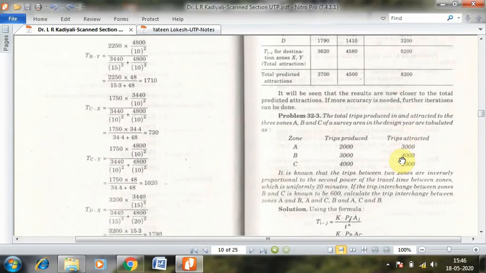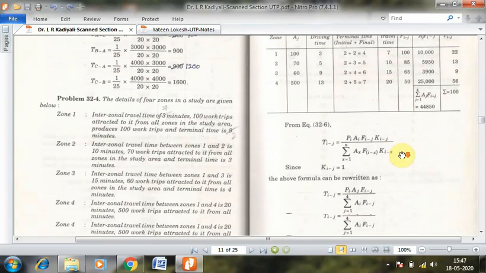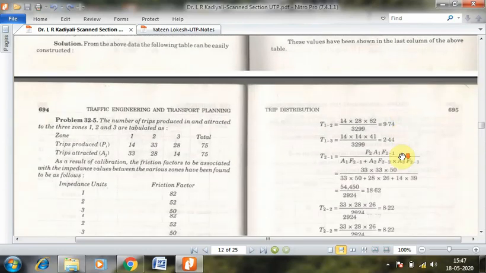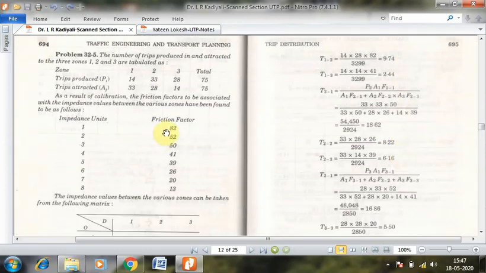In this particular problem, if you observe carefully, you will understand that the friction factors are given for each of the respective impedance units. So there are 8 impedance units, and corresponding to them you will have the respective friction factors.